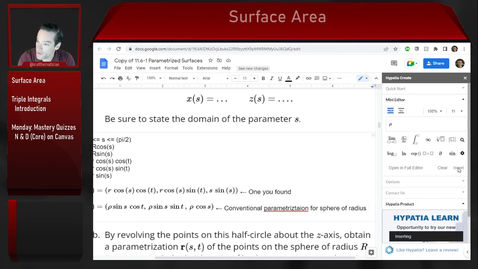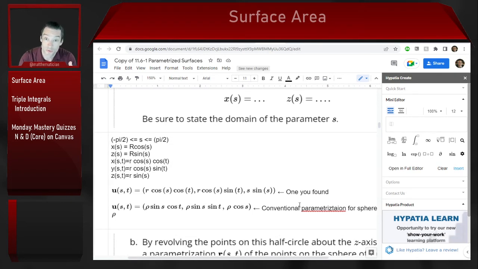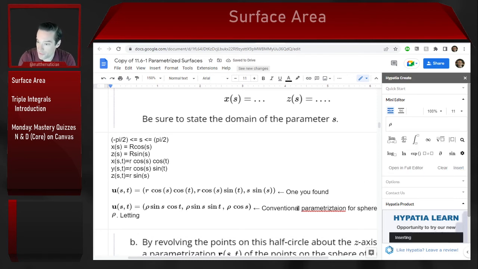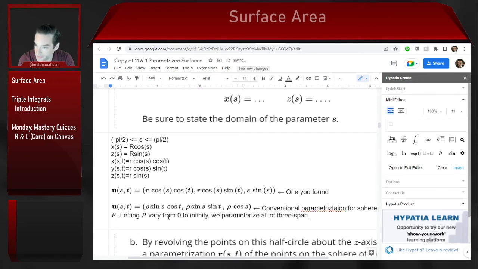And so this is the parameterization that, when we reinterpret it as a coordinate system for 3 space by letting rho also vary from 0 to infinity, we're going to get all of 3 space. We parameterize all of 3-dimensional space using spherical coordinates.